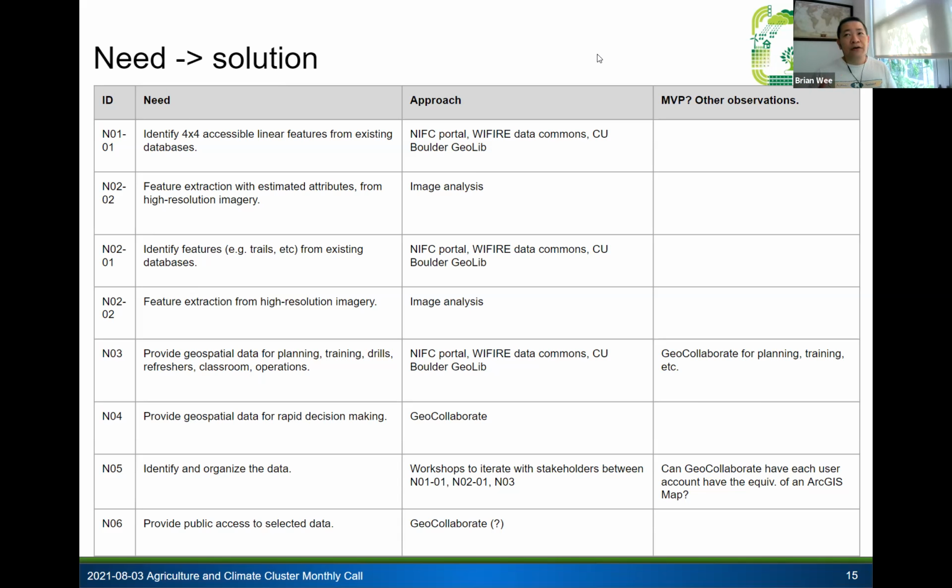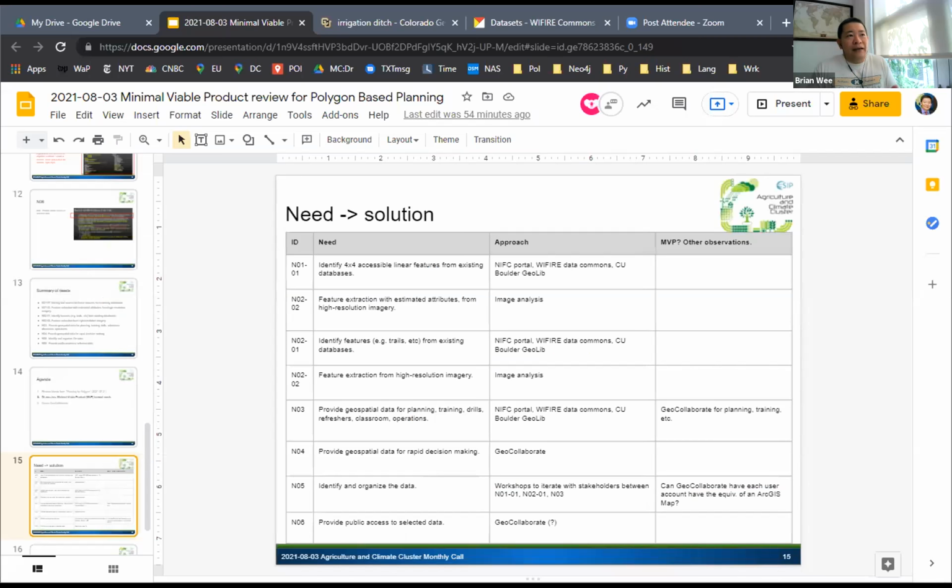But it would be great at that point to serve it up through an API, which will allow lots of different platforms to get access to the latest data simultaneously. That's where I wanted to let Dave Jones take over to show how GeoCollaborate as a platform can use data shared by APIs. Dave's thinking about how FEMA has been using it, National Weather Service has been using it, and so forth. Dave, are you comfortable in taking over now?